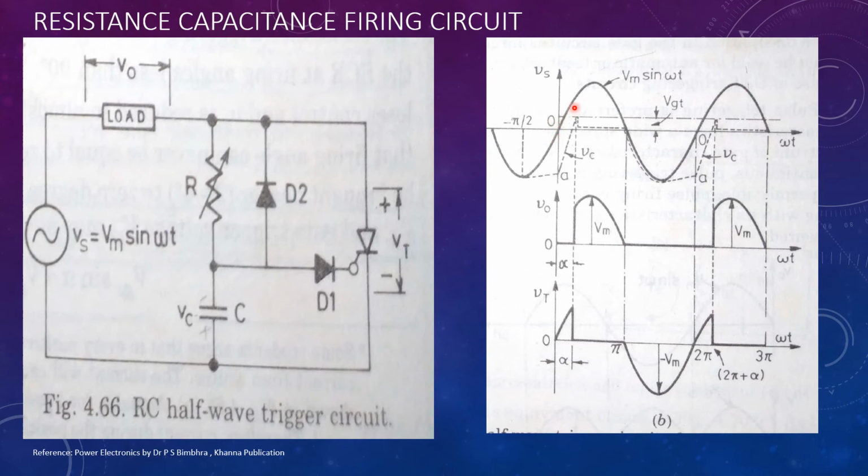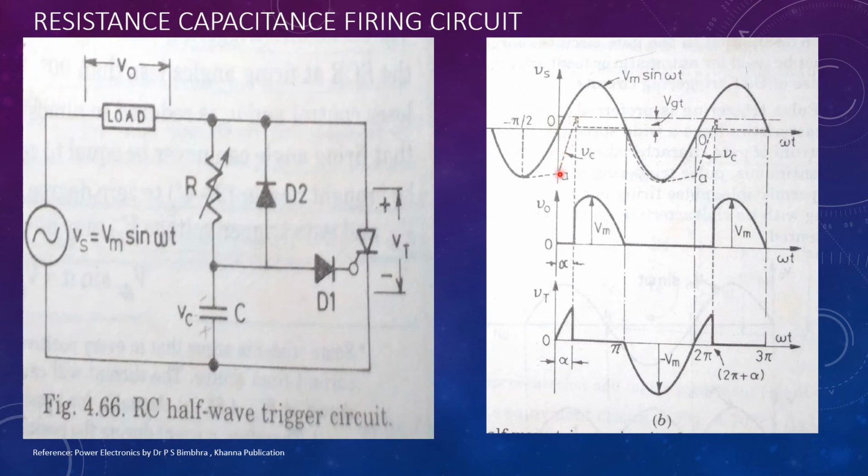In the positive half cycle, the value of the source voltage is rising towards positive Vm. Therefore, the capacitor will charge through the load resistance R along this path. During this time interval, the capacitor voltage will slowly rise towards the gate trigger voltage VGT.